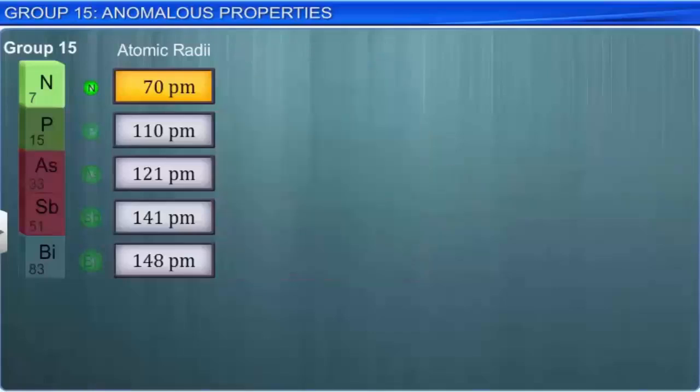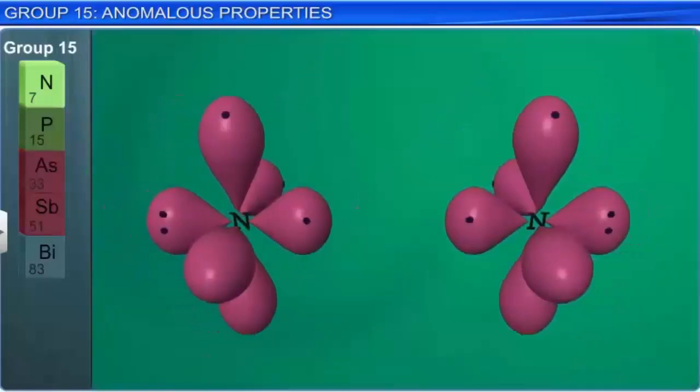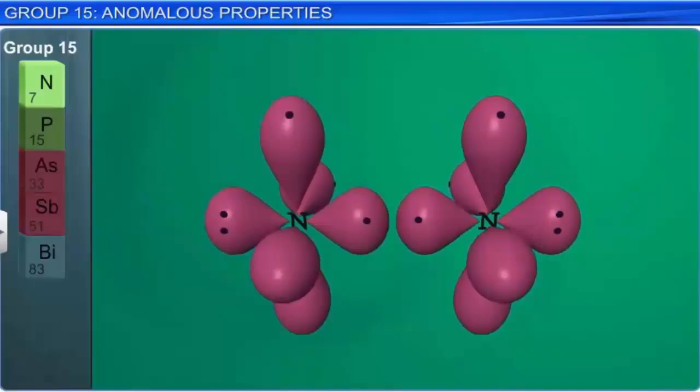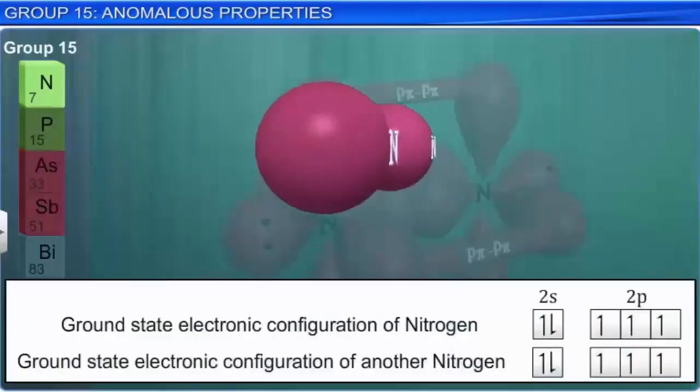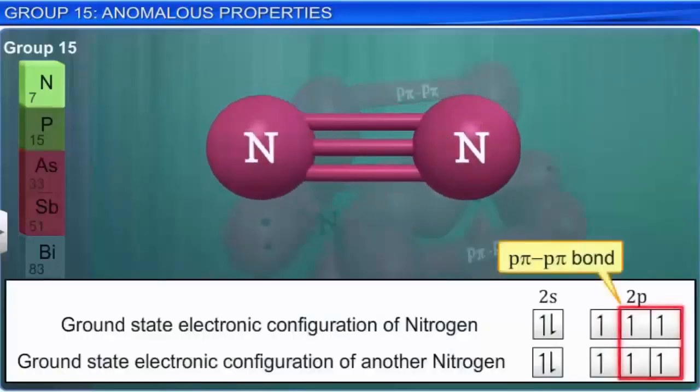The tendency of nitrogen to form p-pi bonds is one of the major features that distinguishes it from phosphorus and other group 15 elements. As nitrogen can form strong p-pi multiple bonds, it exists as a diatomic molecule with a triple bond between the two atoms.